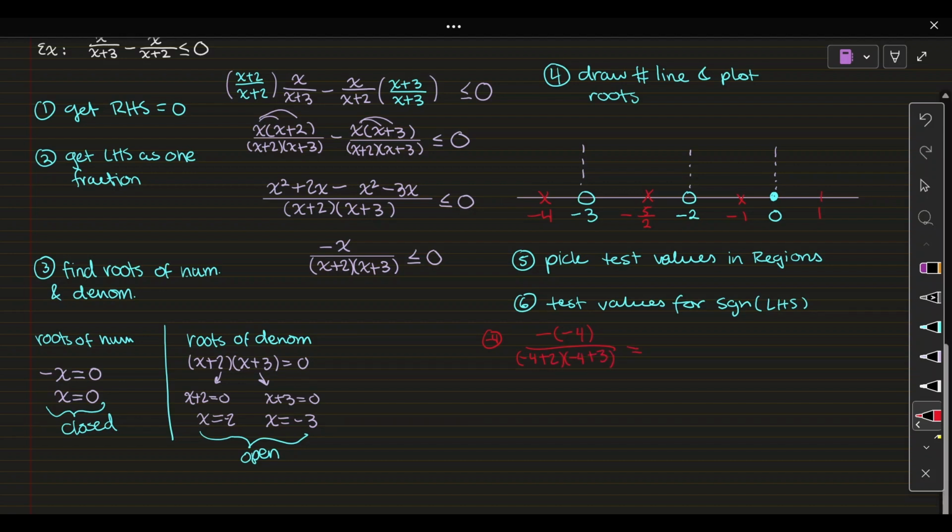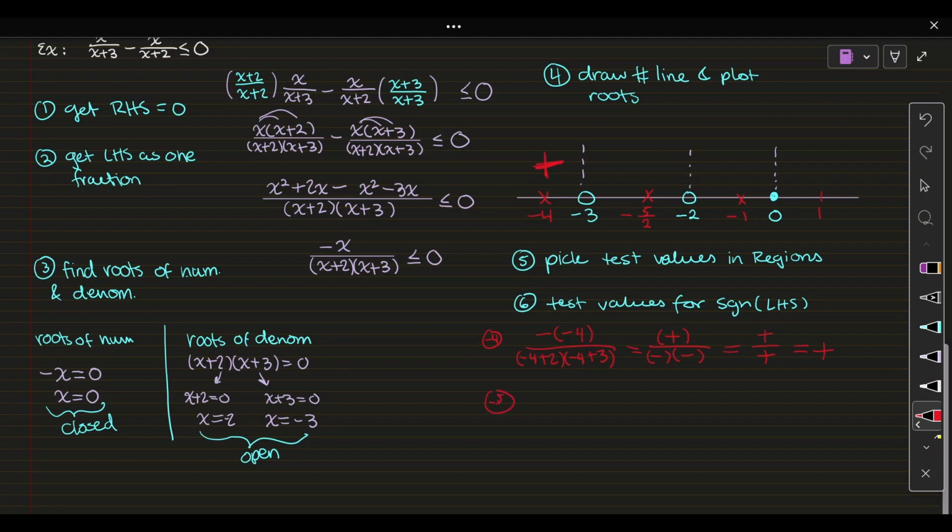That is a positive 4, so it's going to be a positive over negative 4 plus 2, which is negative 2, and negative 4 plus 3 is also negative, that's going to be negative 1. So I have a positive over a negative times a negative. Well, a negative times a negative is a positive, so I have positive over positive, which is positive. Okay, so out here we are positive.